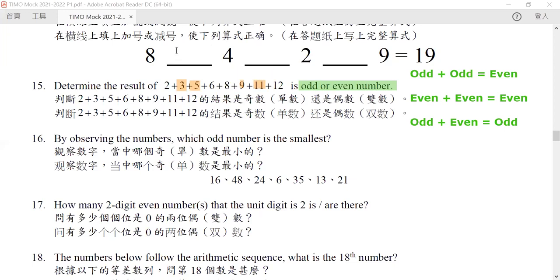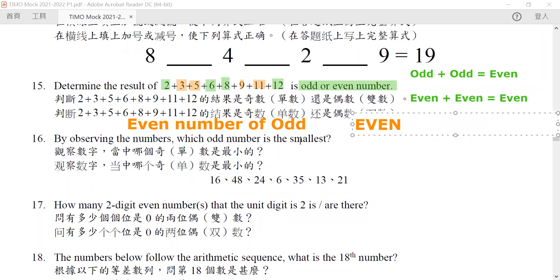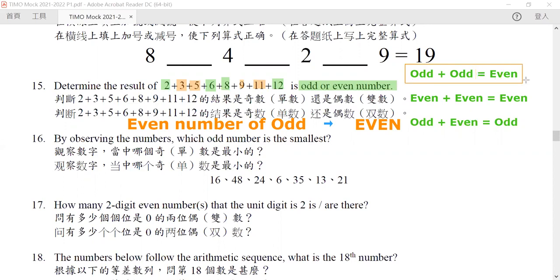And we also know that no matter how many even numbers you sum up, the result will always be even. Because they have an even number of odd numbers, the result would be even. This is another way of finishing this question, according to the rules in here, they will sum up into even.